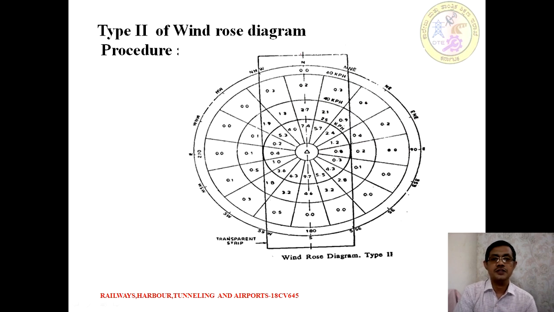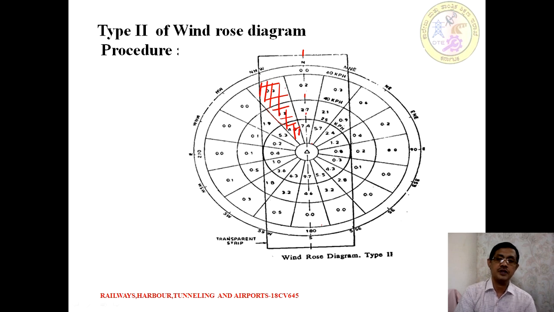On the transparent sheet, if you place this center line exactly passing over the north and south, then calculate how many sectors from the graph sheet are completely covered by this transparent sheet with respect to this direction.